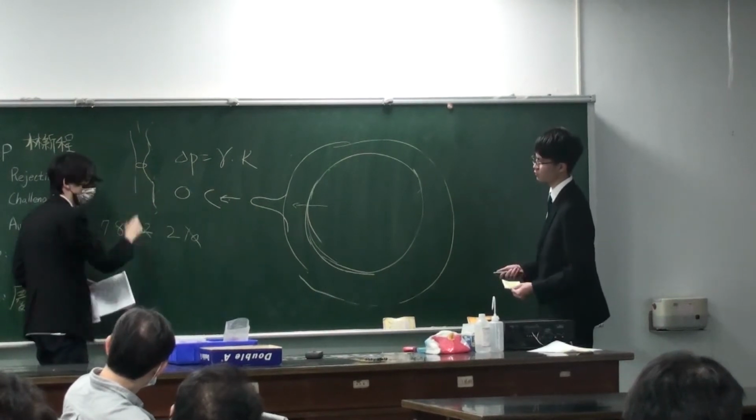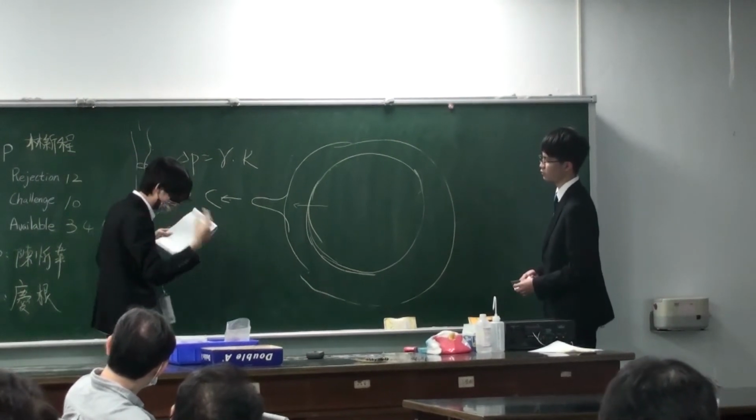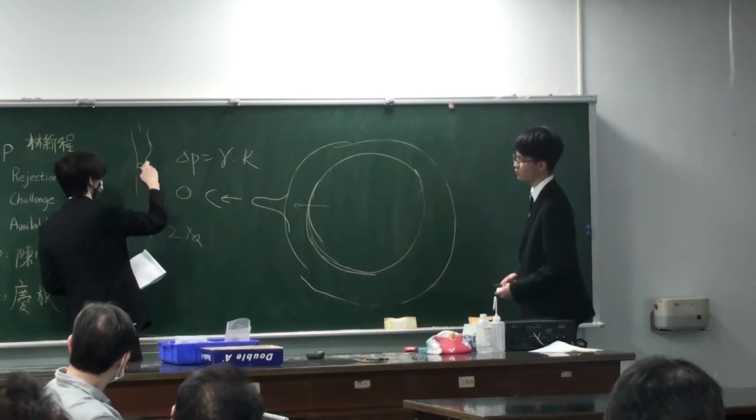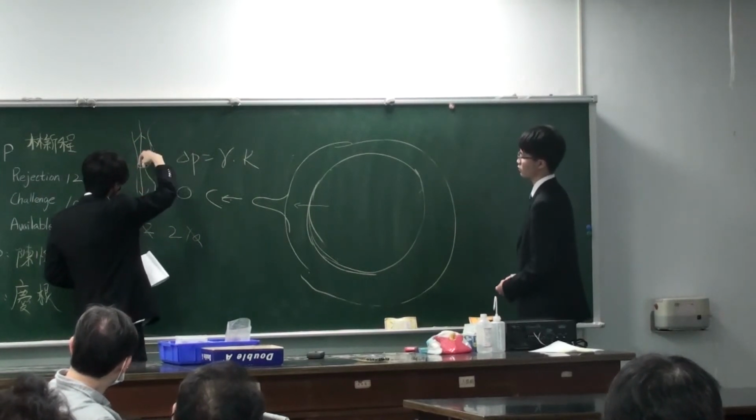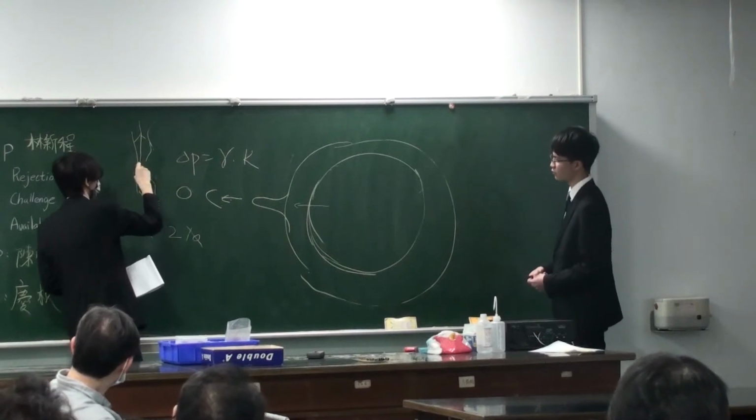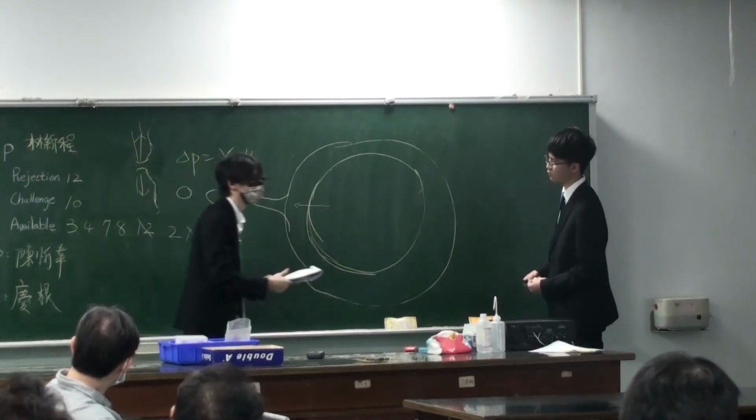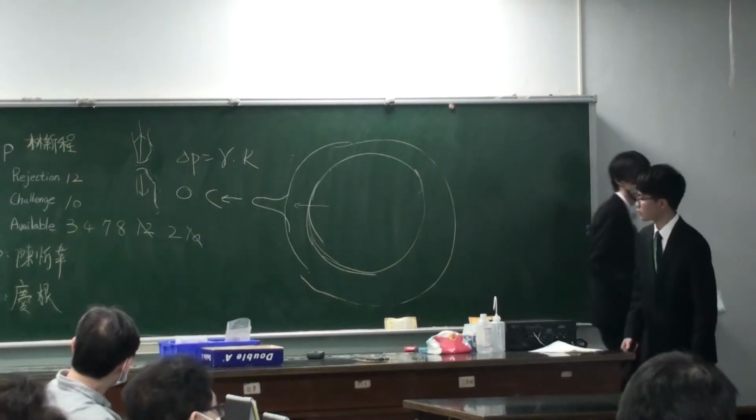Small radius parts will have bigger pressure, and thus pull the liquid and thus break up.